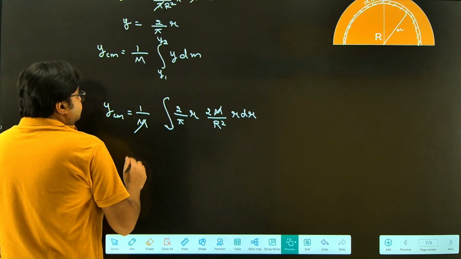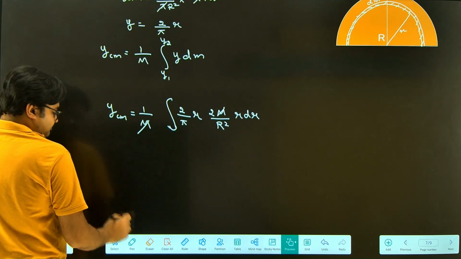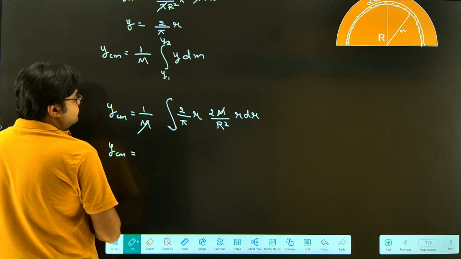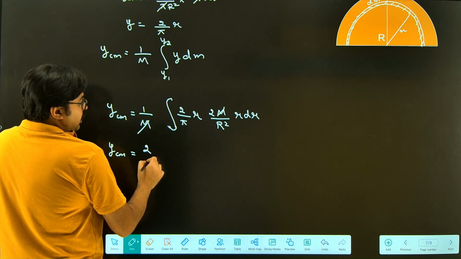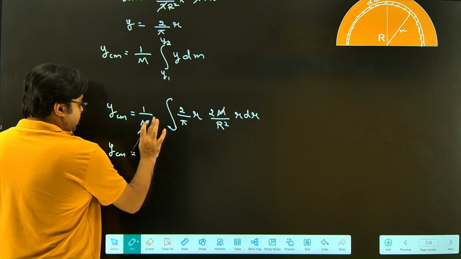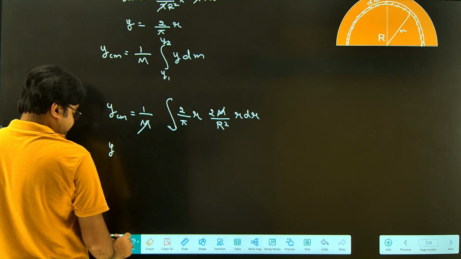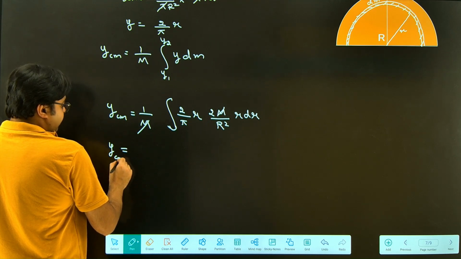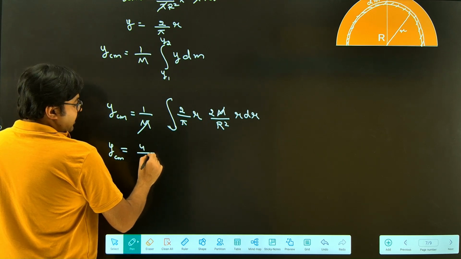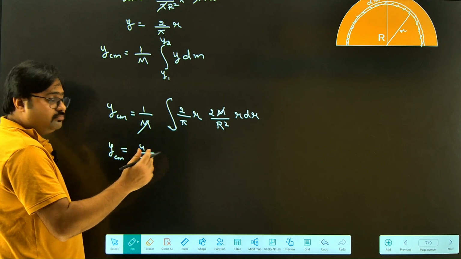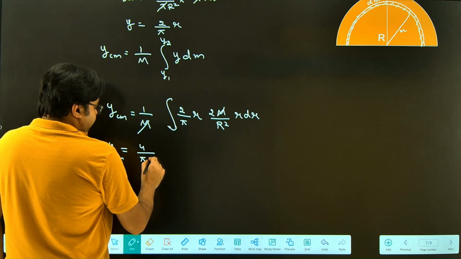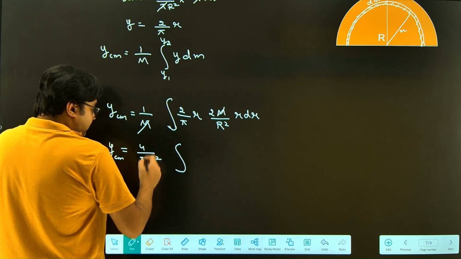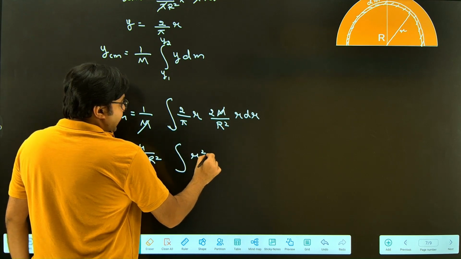So ycm becomes equal to 2 by 2 into 2 is 4, so we have ycm equal to 4 divided by pi R square, because that's also a constant, into the integral of r square dr.